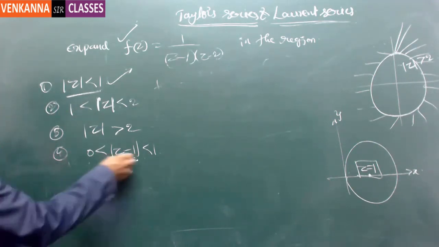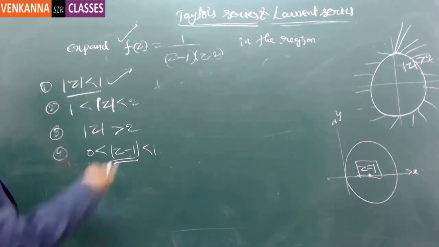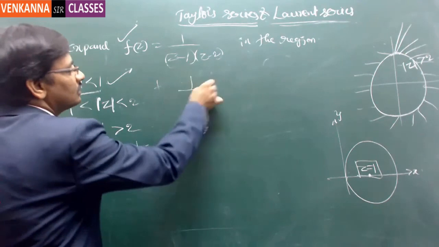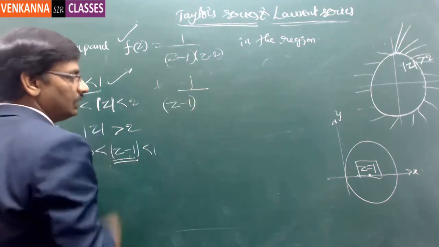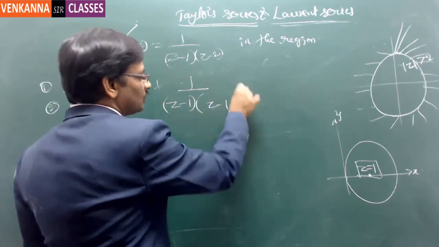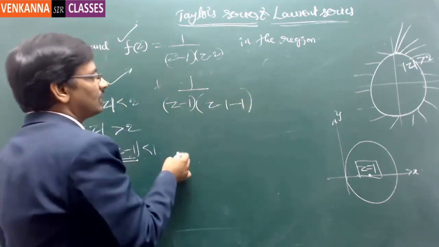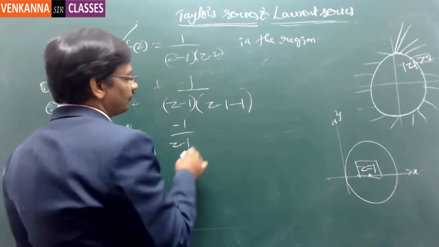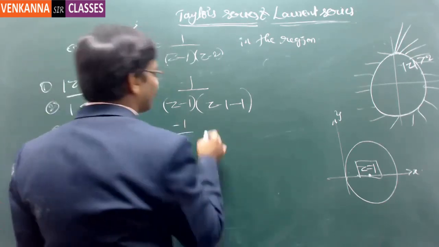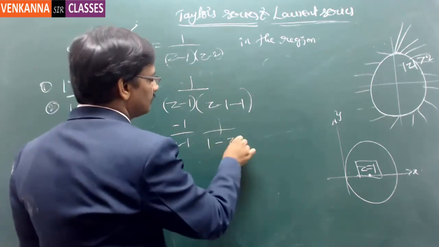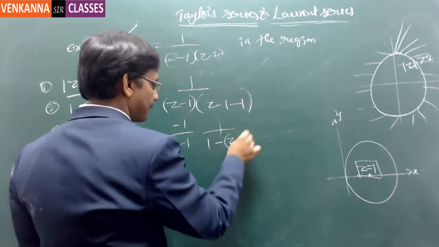Here, if mod z minus 1 is less than 1, then you can expand in terms of z minus 1. This is 1 by (z minus 1)(z minus 2), which can be written as 1 by (z minus 1)(z minus 1 minus 1), or minus, if you take it out, minus 1 by z minus 1 into 1 by 1 minus (z minus 1).